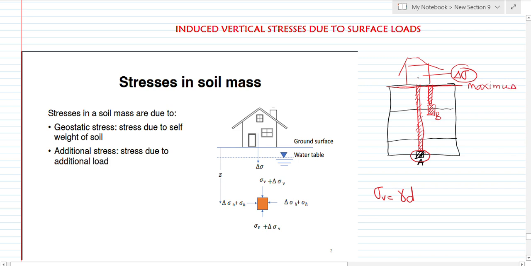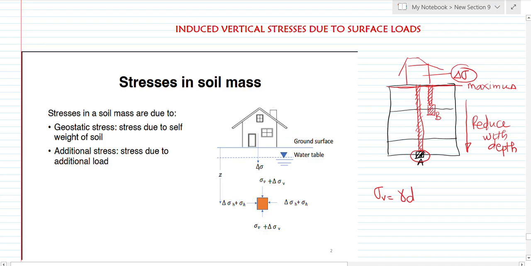But the effect of the weight of this structure is going to reduce with depth. And that stress is what we call the induced vertical stress.